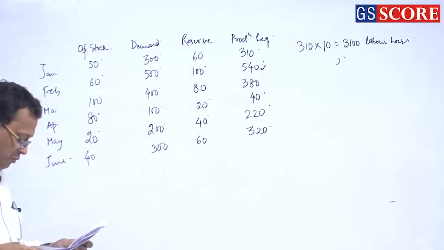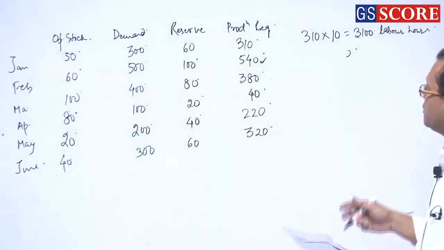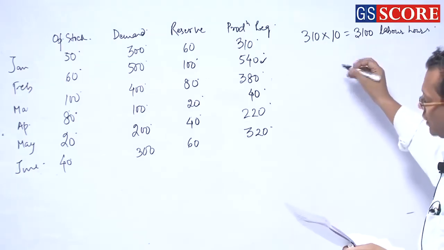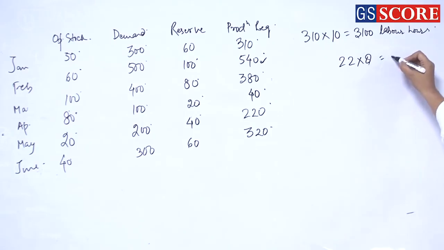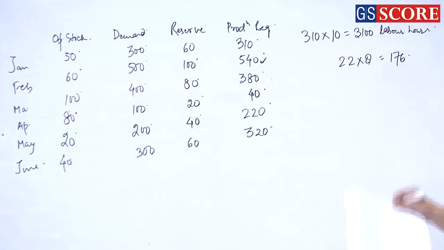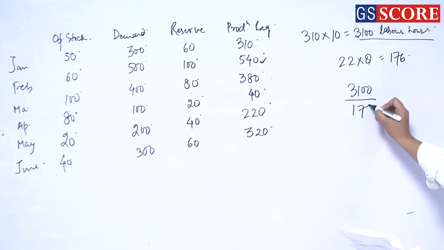The company works for 8 hours a day. So how many working days? 22 days per month. So for Jan, the total working days will be 22 into 8. 22 into 8 is how much? 176. So 176 labor hours per month. So how many workers are required? 3100 by 176.